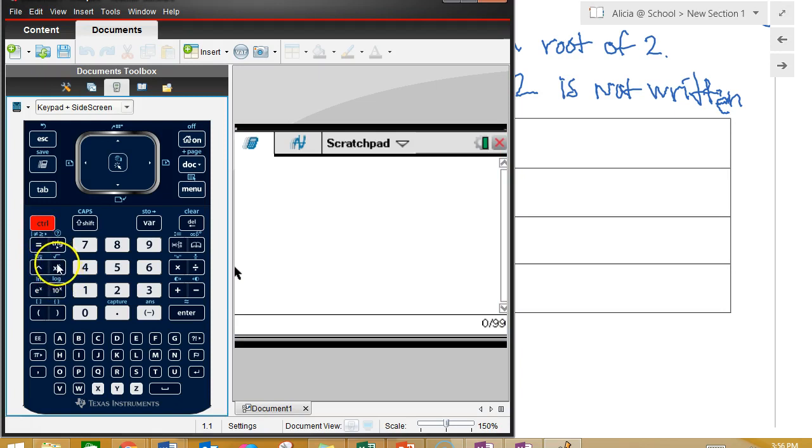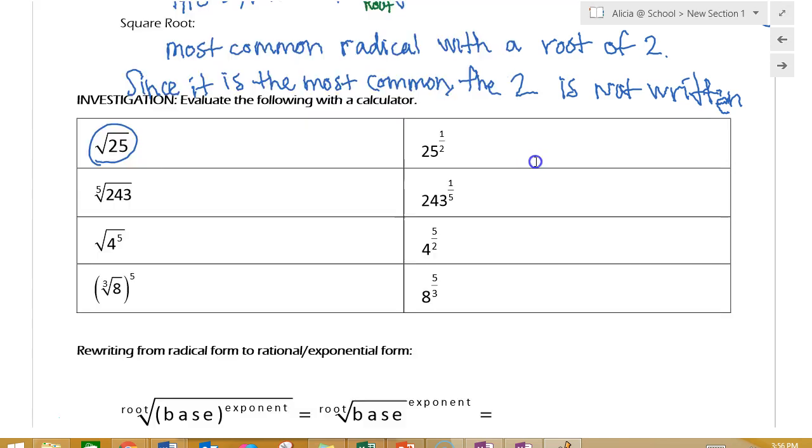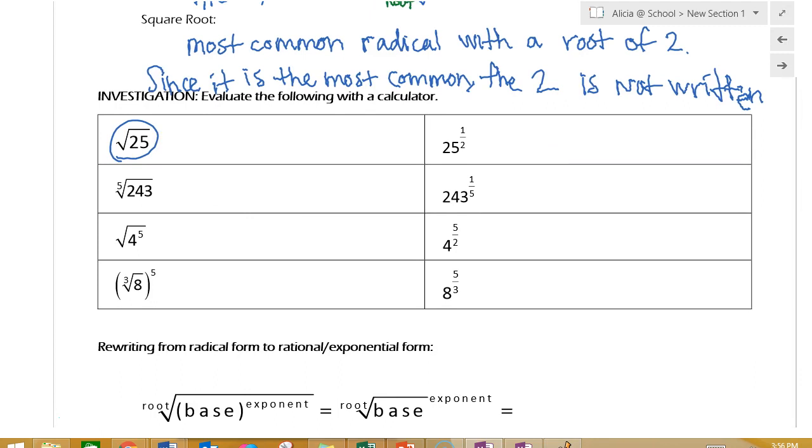That x squared button is located one button left of the 4. You'll notice that on your screen comes up our little radical symbol. All you have to do is type 25 and click enter, and our answer is 5. I'm going to write that in here. Oh, I lost my pen, bear with me.